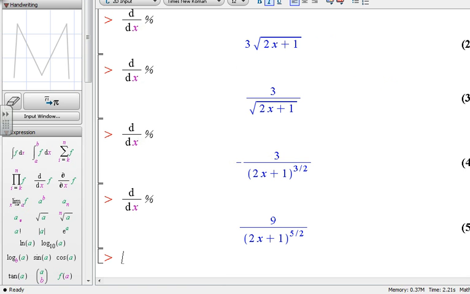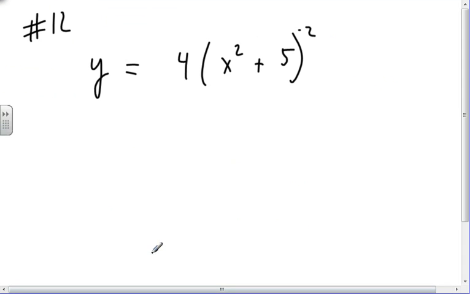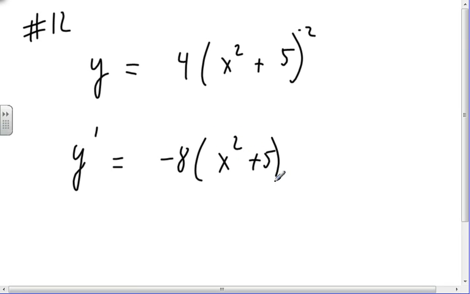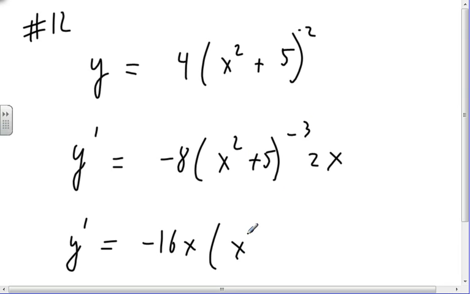All right, y' = -8(x² + 5)^(-3) times 2x, so y' = -16x(x² + 5)^(-3).